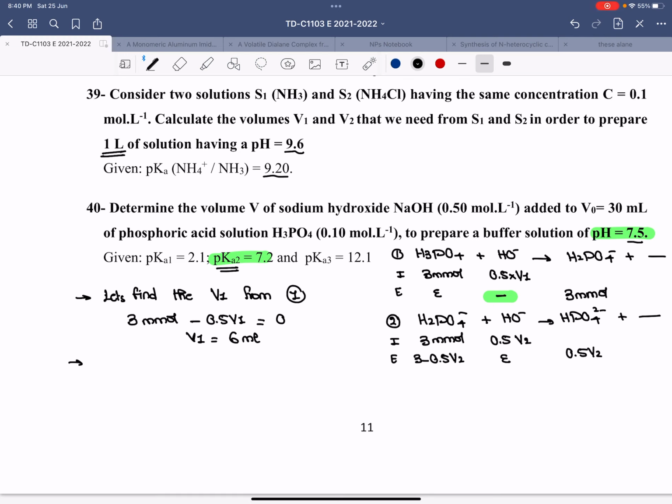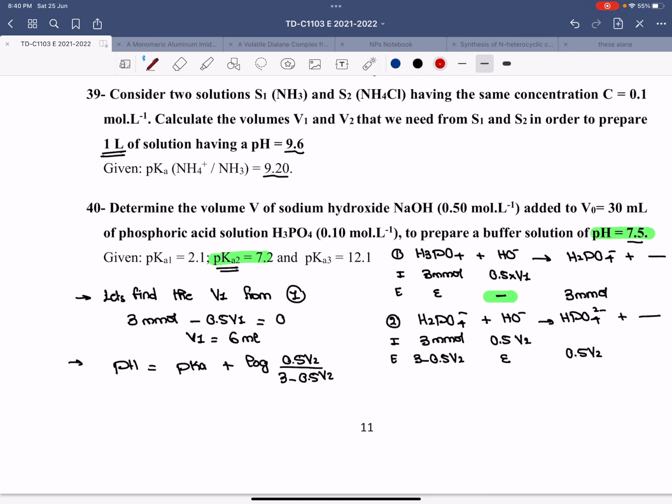From the second reaction, 3 minus 0.5 V2 equals what? This is what we find from the pH. So basically pH is equal to pKa plus log of 0.5 V2 divided by 3 minus 0.5 V2, divided by the total volume. It's okay.